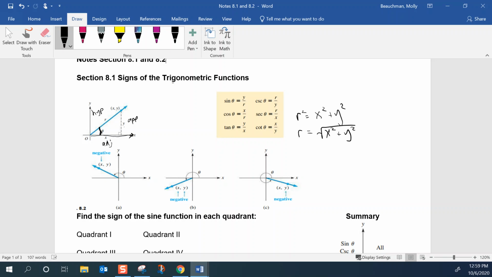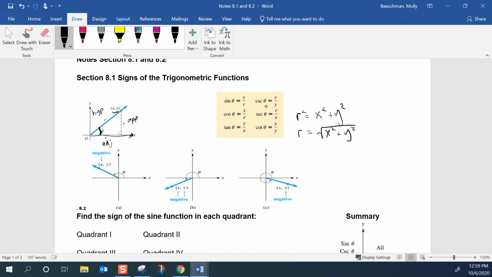So we can tell the signs of the trigonometric functions by looking at the signs of the coordinates in each quadrant. So in the first quadrant, x and y coordinates are both positive, so all of the trig functions, sine, cosine, and tangent, are positive, and all of their reciprocal functions, cosecant, secant, and cotangent, are positive.